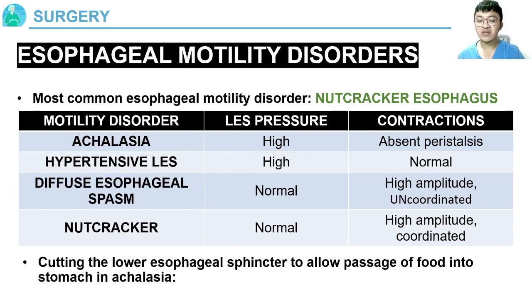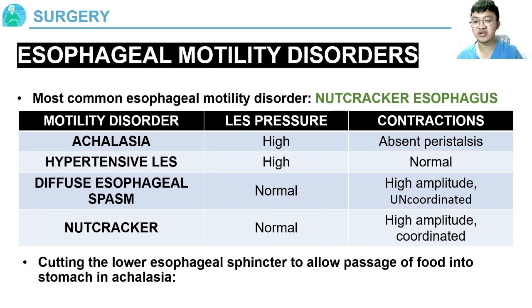If it's high, it's either achalasia or hypertensive LES. How do you differentiate? Hypertensive LES is just high LES pressure with normal peristalsis, whereas achalasia has high LES pressure but no peristalsis.